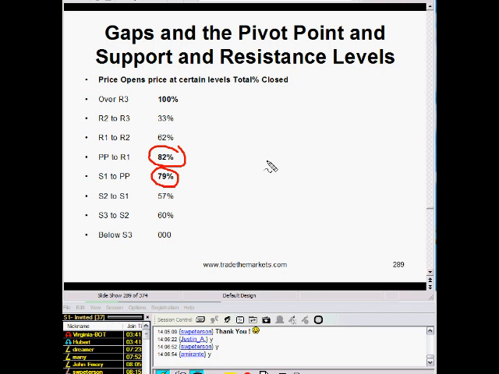So let's say we gap down to S1, okay? It's a high percentage play. Or let's say we gap up to R1. It's a high percentage fade too. Okay? These all calculate into how you play gaps. R1 and R2 is not bad either. But after R2, it drops off dramatically.